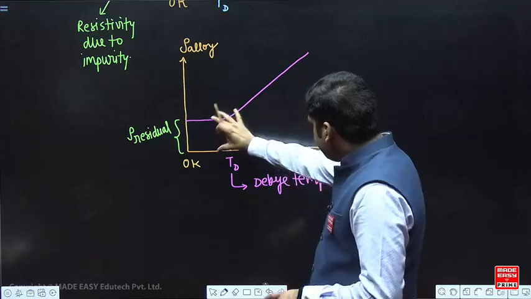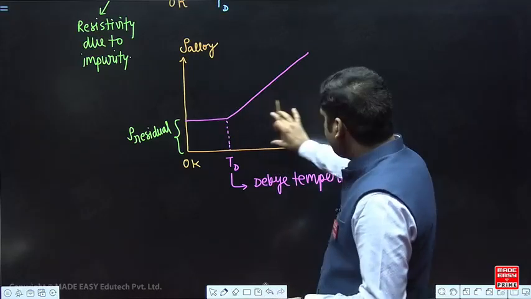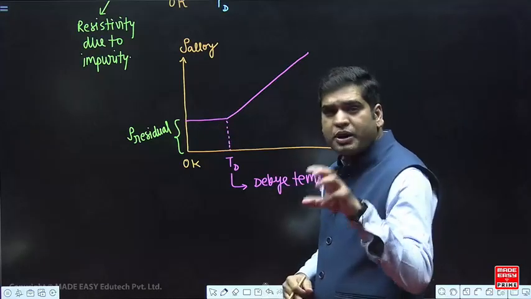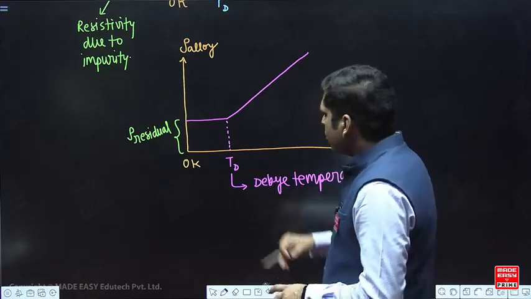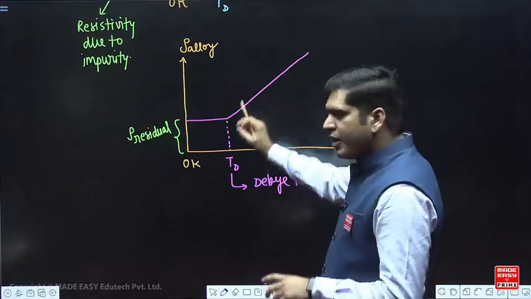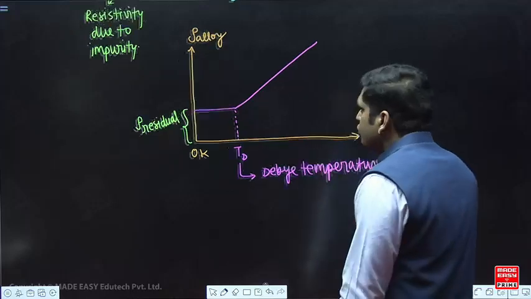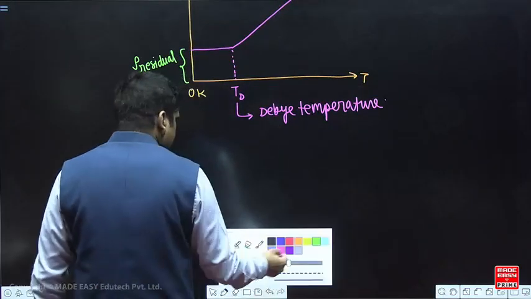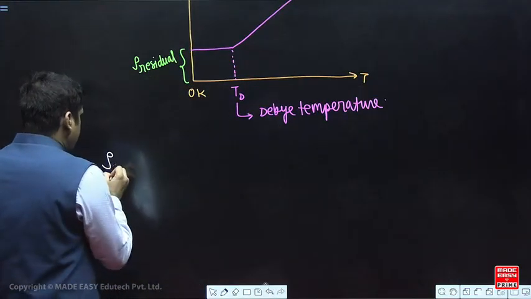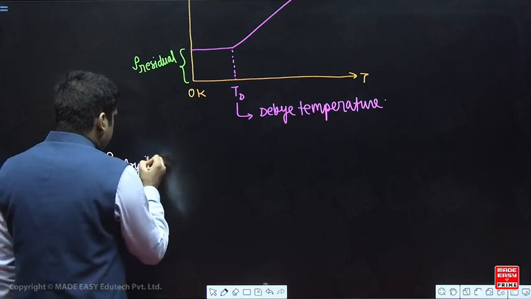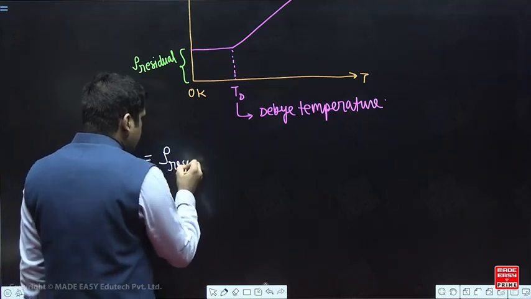The residual component is independent of temperature and remains constant. It depends upon the amount of impurity, whereas the thermal component varies with temperature and may become 0 even at 0 Kelvin.